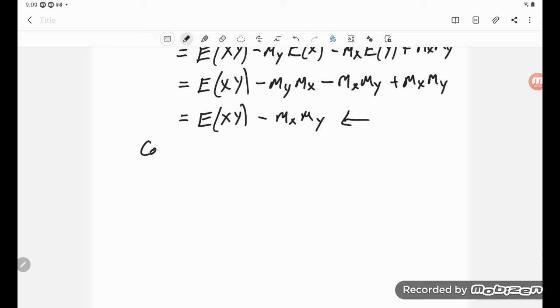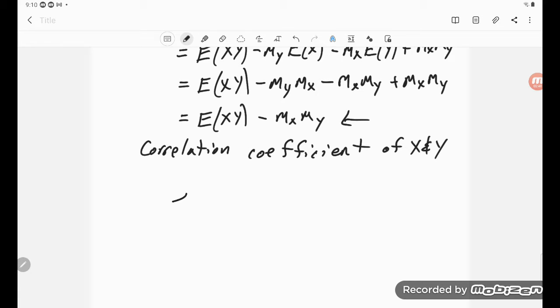And now our correlation coefficient of x and y is called rho, and that is just our covariance divided by the two standard deviations multiplied together.